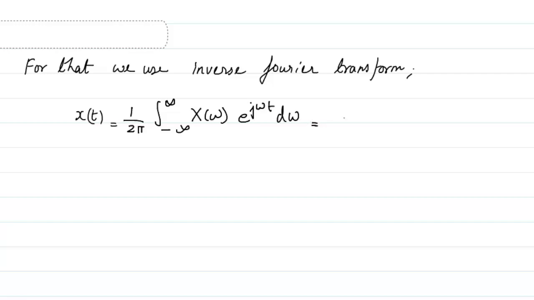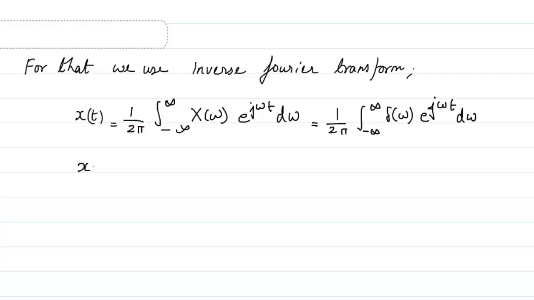Now for our case X of omega is delta omega, correct? So I will write 1 by 2 pi integral from minus infinity to infinity delta omega e raised to power j omega t d omega. Okay, now we know by principle that any function in omega, if we multiply it with delta omega, it's as good as taking the value of the function at 0.